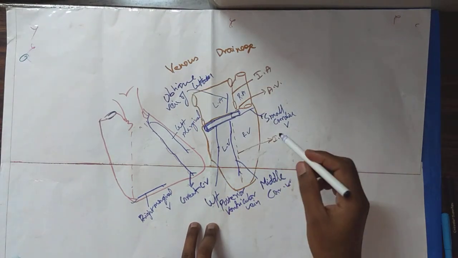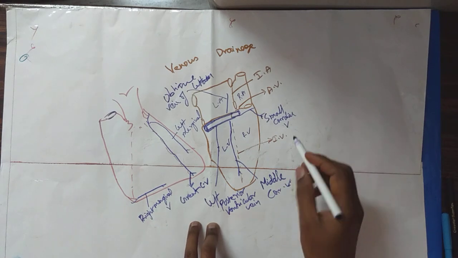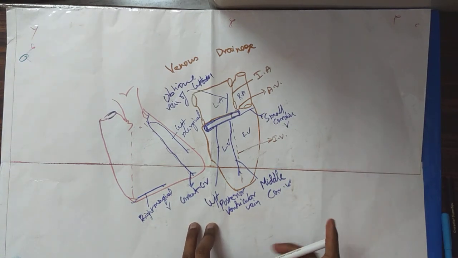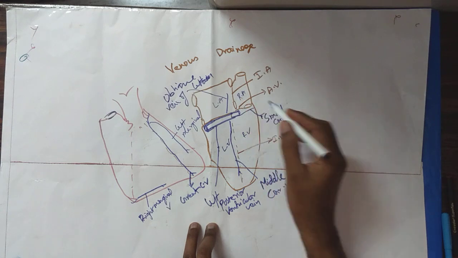So these are your tributaries which are going into the coronary sinus, and this coronary sinus at last will be draining into the right atrium.